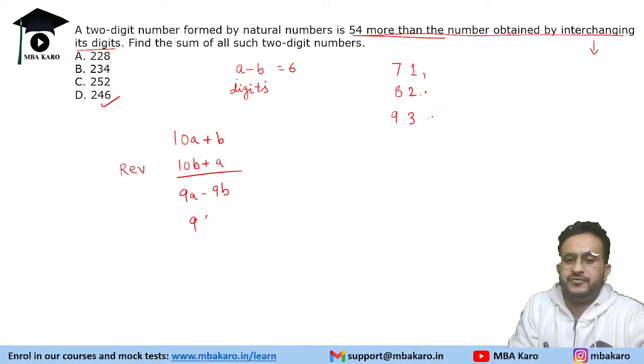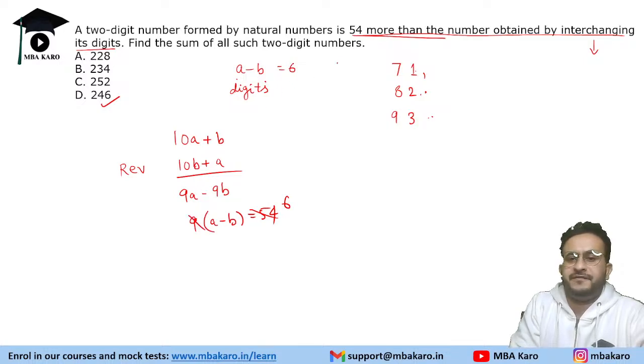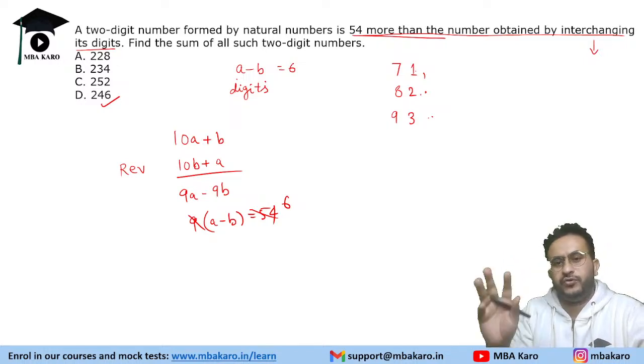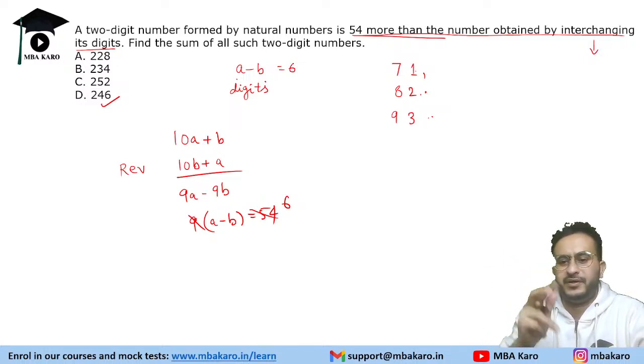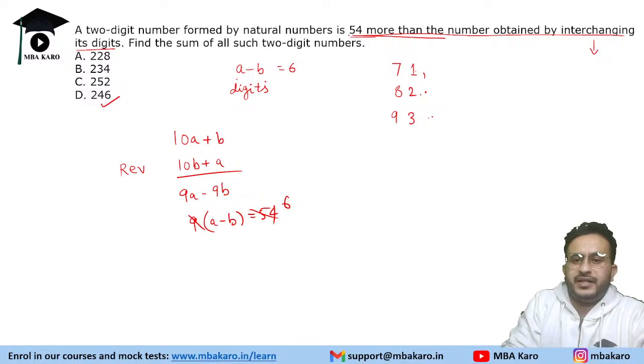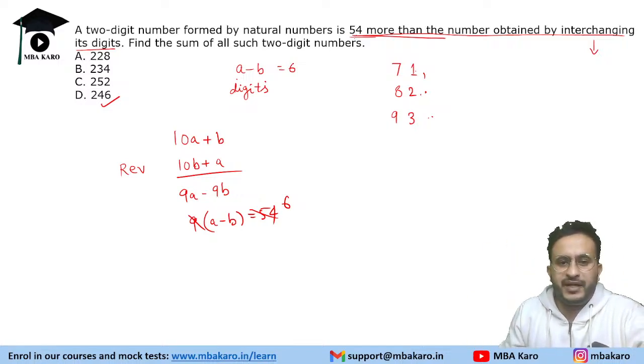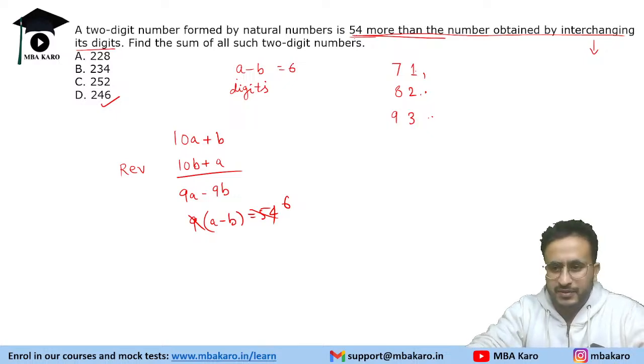That is 9 times a minus b is 54, so a minus b is 6. Now those who have practiced these kinds of questions, not the latter part, but given the difference 54, you should automatically be able to think how 54 is formed. If you are in this range, that means you are already above at least 90-95% of the people.